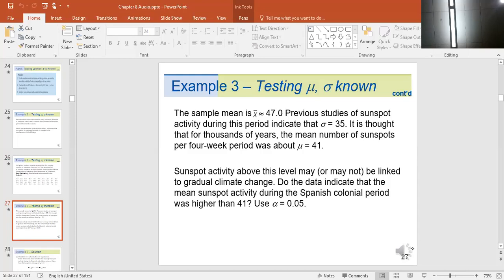So, what is the sample mean? What is the population standard deviation? The test value is z equals x bar minus mu, over sigma divided by the square root of n, which is 47 minus 41, divided by 45 over square root of 40. That's why we are writing mu equals 41, because we are going to use it.